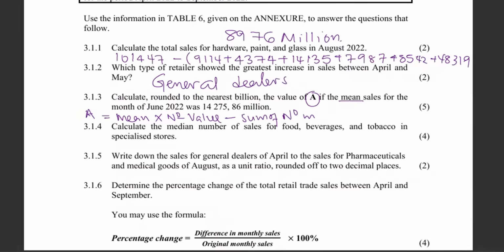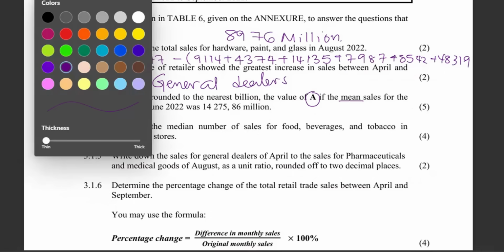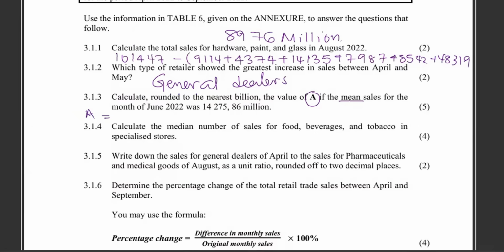So we shall come here and say, let me shorten my formula here. We said mean times the number of items minus the normal values. So our mean is 14,275.8 times, how many items do we see here?